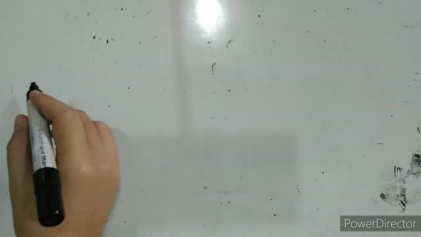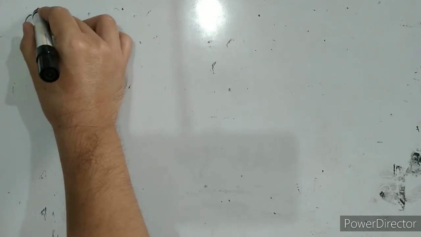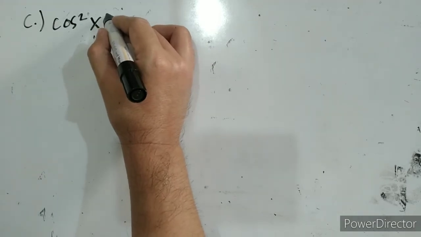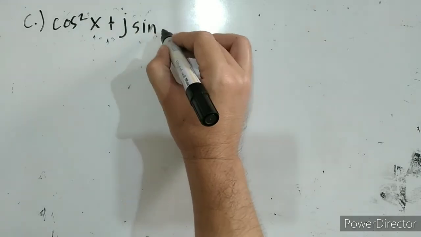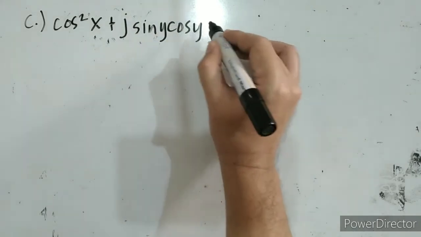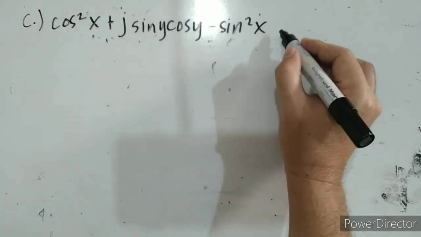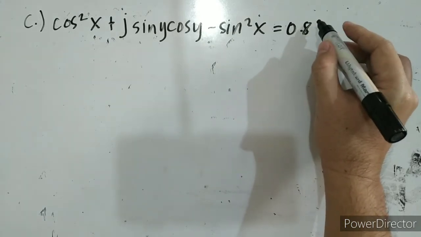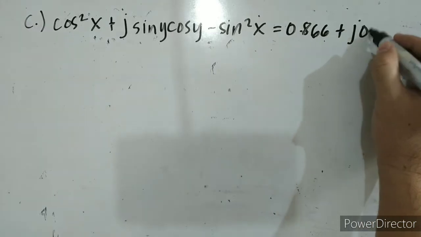Our third example for Theorem 2 of complex numbers is cosine squared x plus j sine y cosine of y minus sine squared x equals 0.866 plus j 0.5.